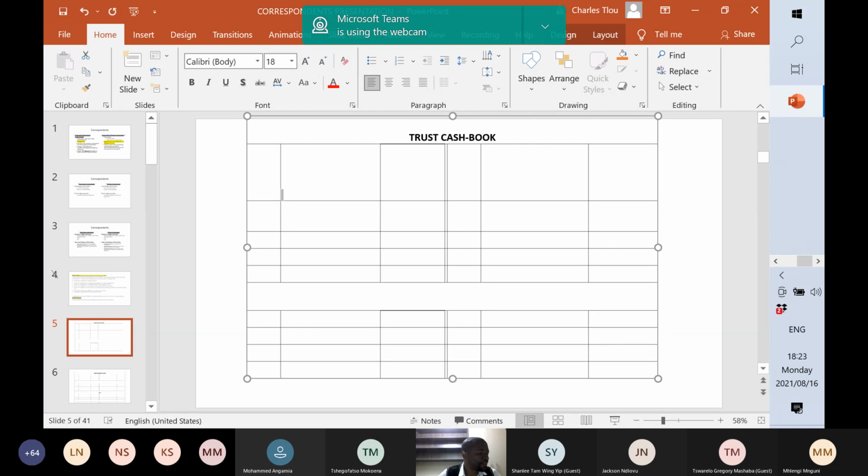So ABC is your client, and then you become a client of XYZ. In executing the mandate, the following transactions occur. You charge an instruction fee of 120 Rand, and I always say principle remains principle.